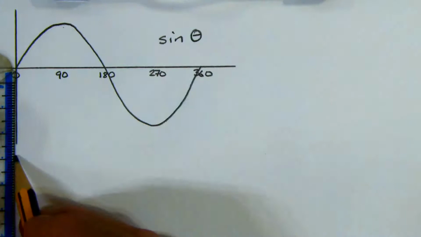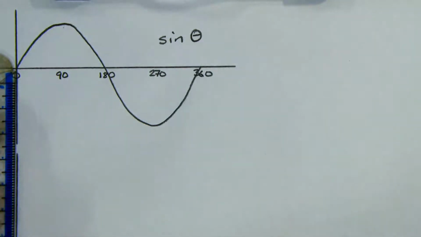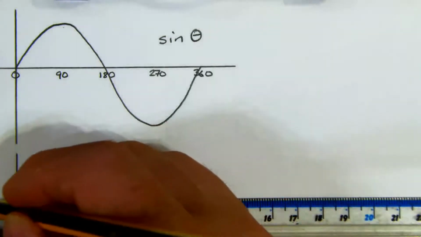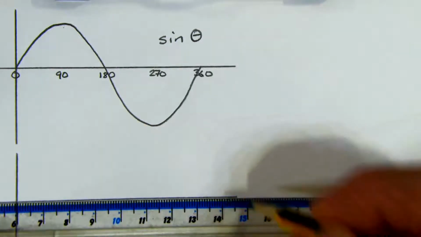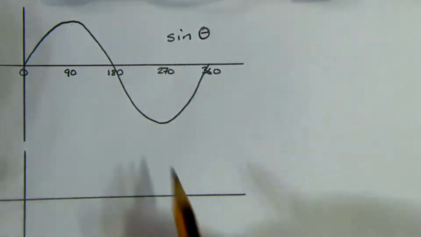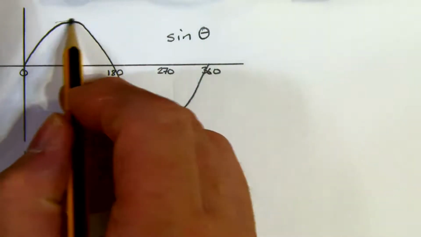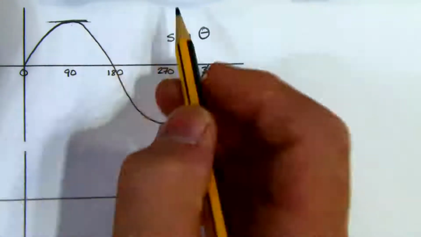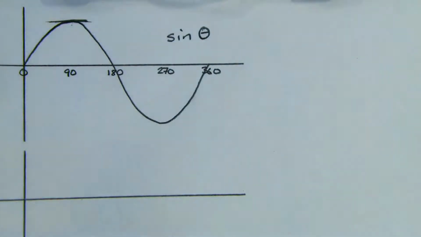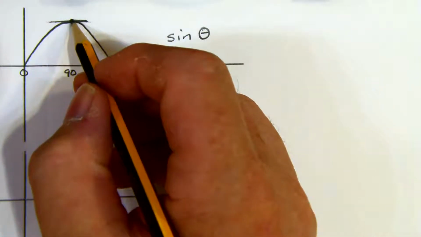So let's see if we can plot here something about the gradient. If I look at 90, we can see that this gradient here is rather different. What we've got here is a gradient of 0.